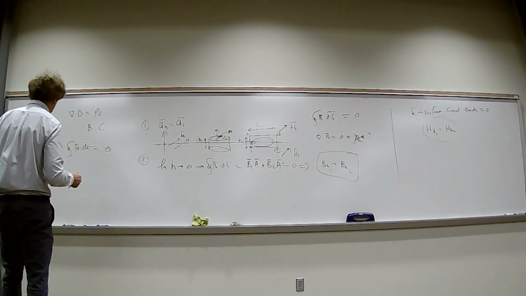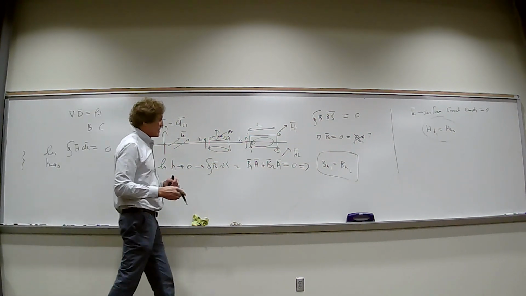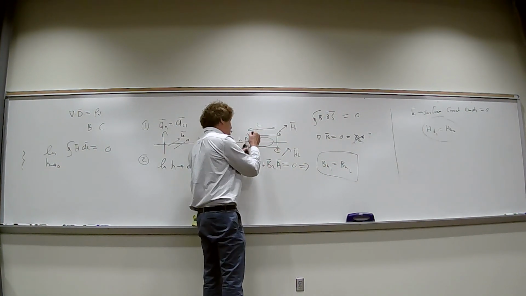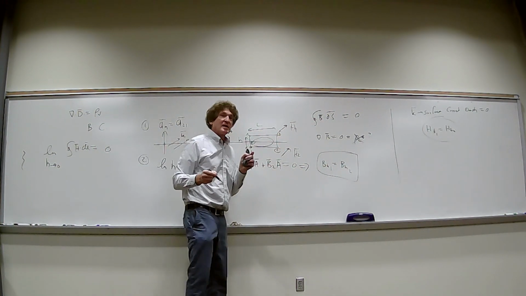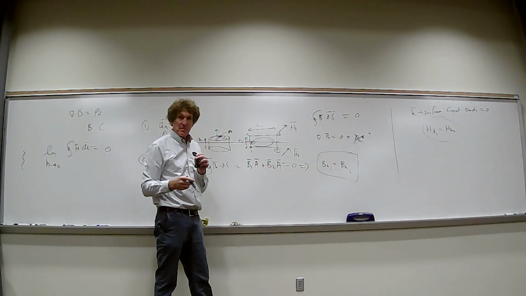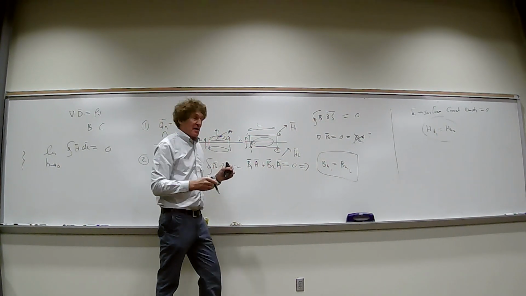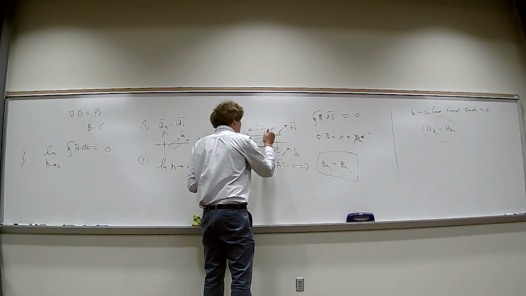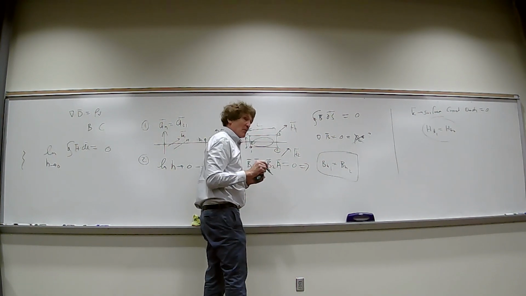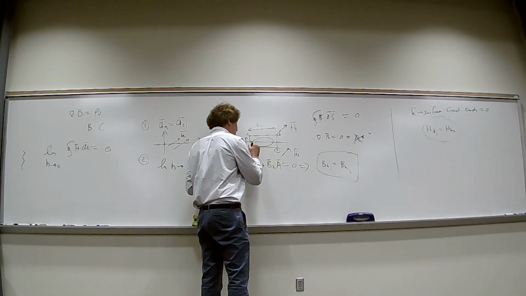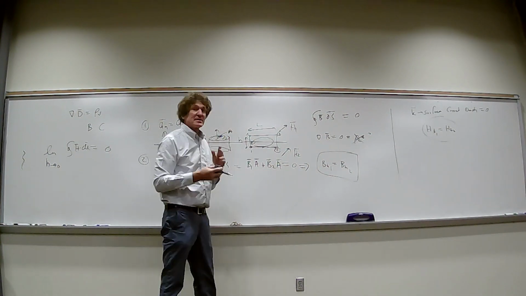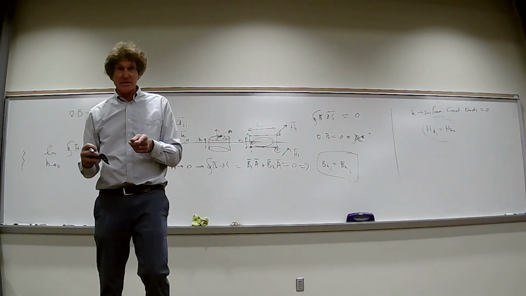Well, look at this. H dot dl, if you look at this, if h goes to 0, we don't have to worry about any integral effect there. Do you all follow me? You with me, class? You only have to worry from here to here and here to here. Well, what is that really saying? The only component, if I do an integration from here to here, is the tangent component, isn't it, class?